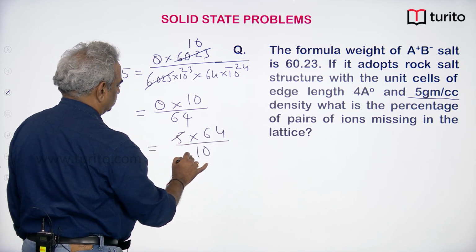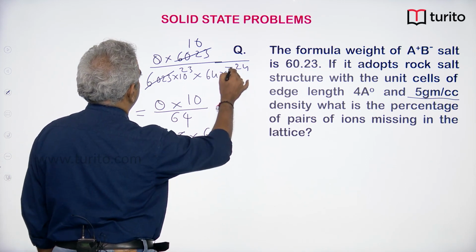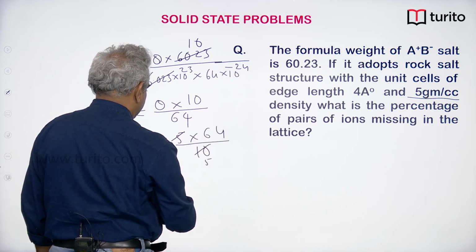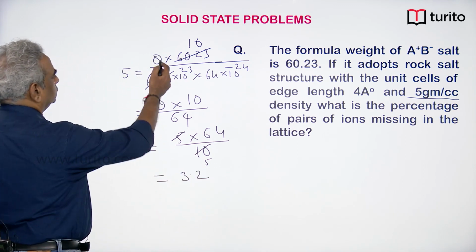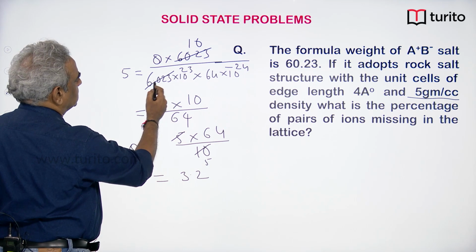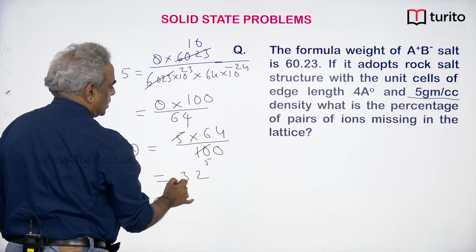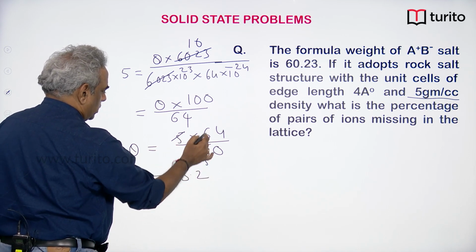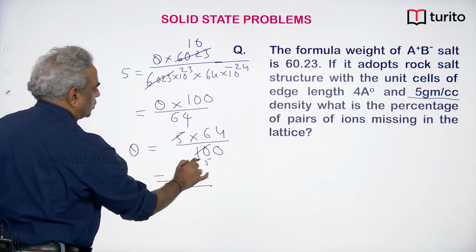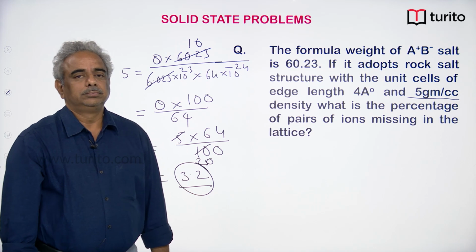This goes 5 times, I think this is 6.4. So, I will be getting 3.2. Theta into 60.23, this is 60, 10 power 23, it will go 100, sorry, this is 100. So, this is going to give me 3.2, this calculation, this goes 20 times. So, theta I got as 3.2.